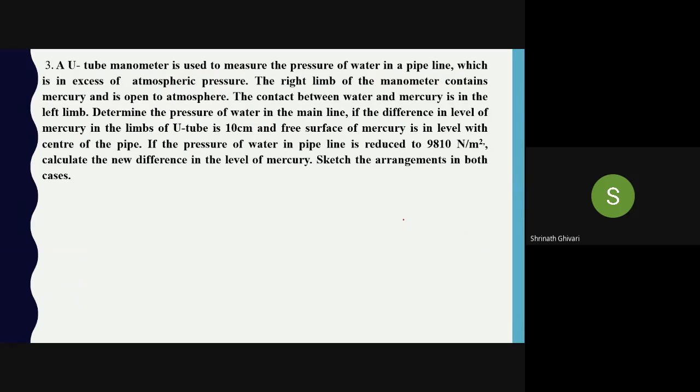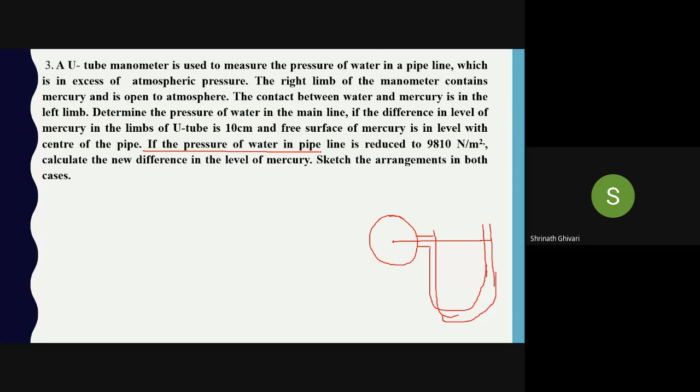If this is the pipe and this is the center, the level of the mercury is up to this point. You just consider this. I have one more diagram, I'll show it to you how it comes. So you read the sentence.